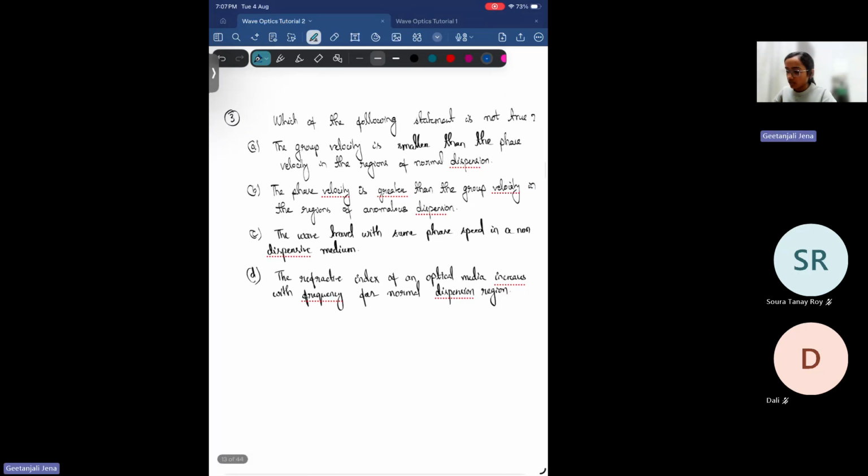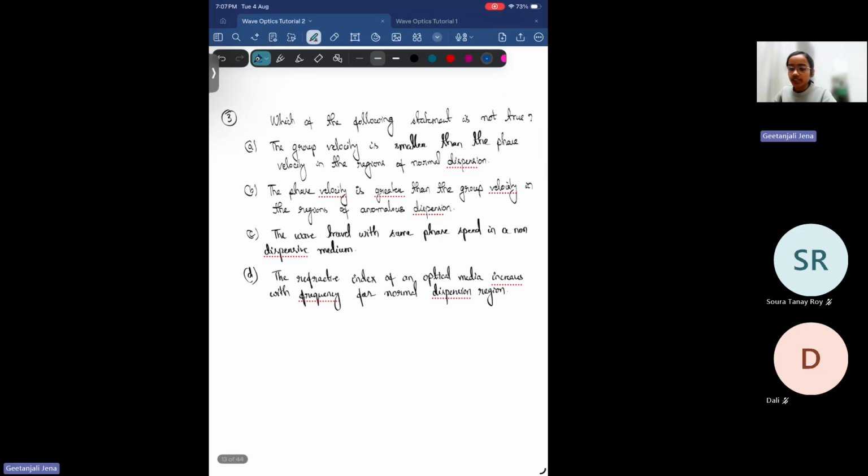Question number 3. Which of the following statements is not true? Option A, the group velocity is smaller than the phase velocity in the region of normal dispersion. Option B, the phase velocity is greater than the group velocity in the region of anomalous dispersion. Option C, the waves travel with the same phase speed in a non-dispersive medium.